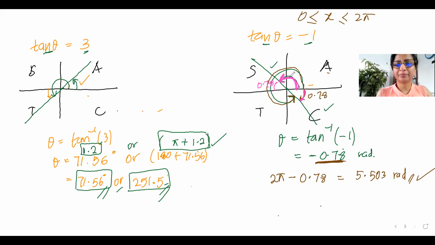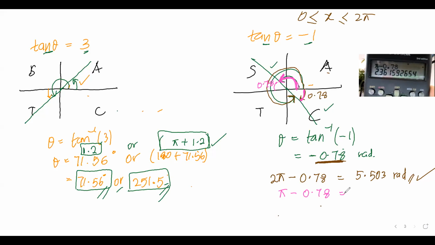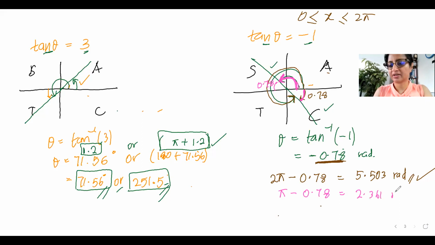So then my pink angle in the second quadrant is pi minus 0.78. So that is pi minus 0.78. I get 2.361 radians. Is that clear?